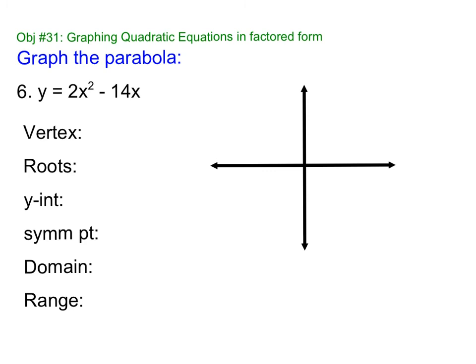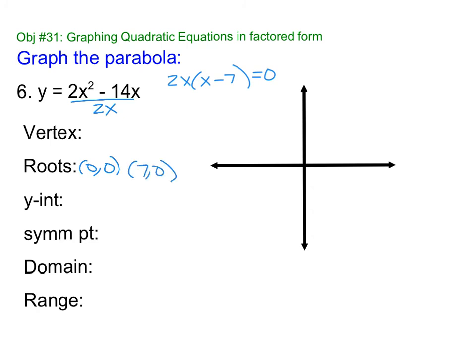All right, last one. I'm going to factor this one. You could do negative b over 2a, but I want to factor it. So I notice it's got a GCF of 2x. So I get 2x, x minus 7. So when I set that equal to 0, my roots are 0, 0, and 7, 0. Right?